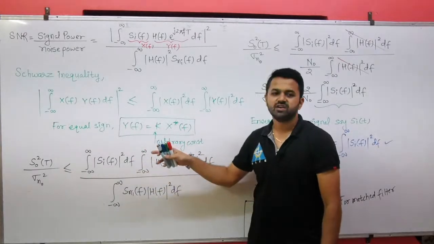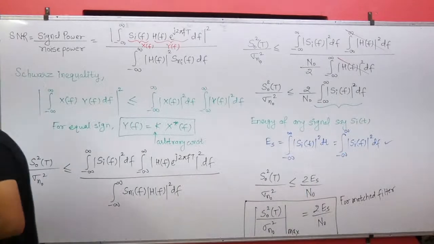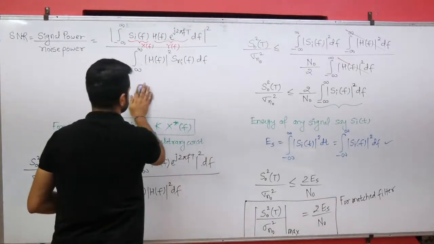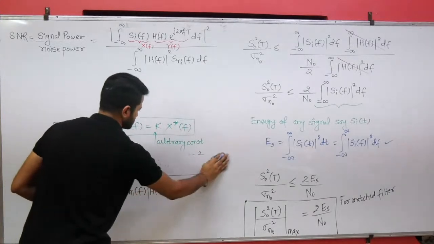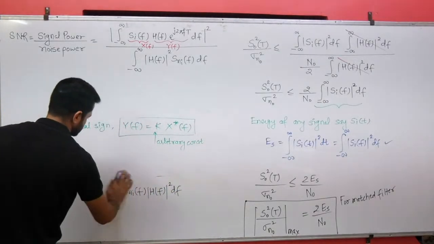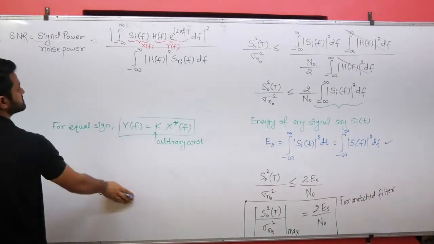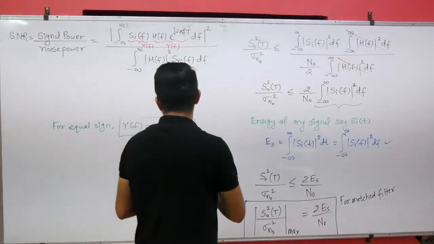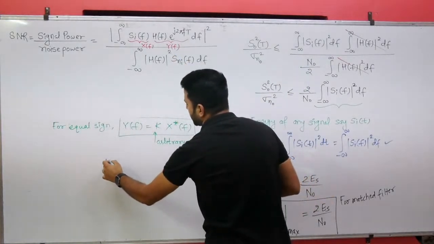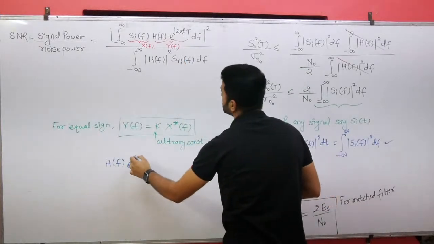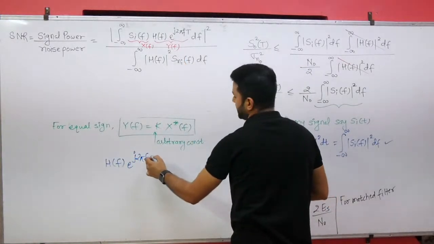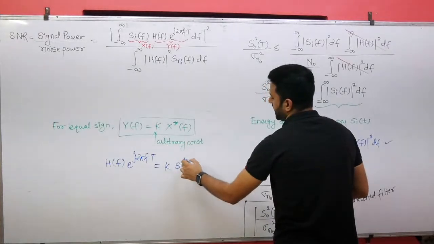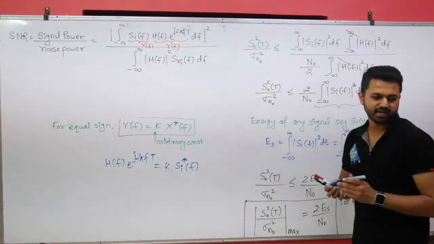So according to this condition, if we substitute, we have H of f, here we have written Y of f: H of f e to the power j 2 pi f T equal to k times the complex conjugate of Si.